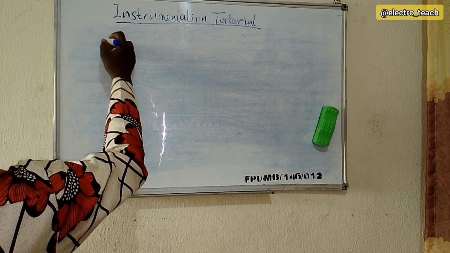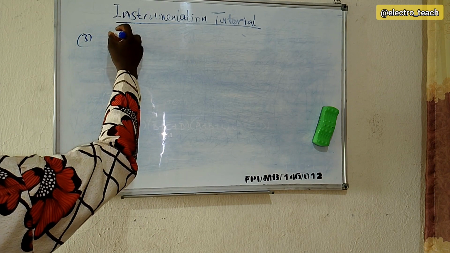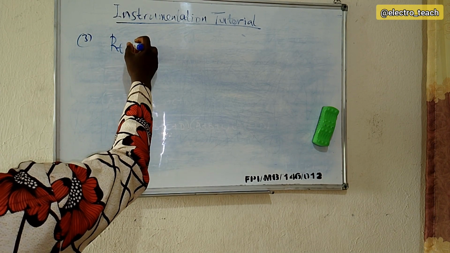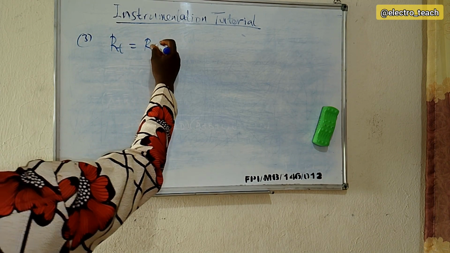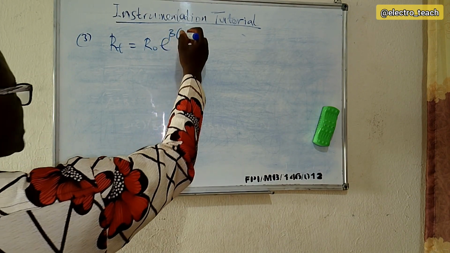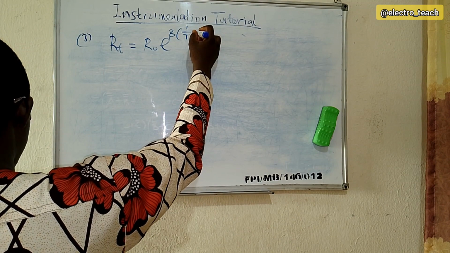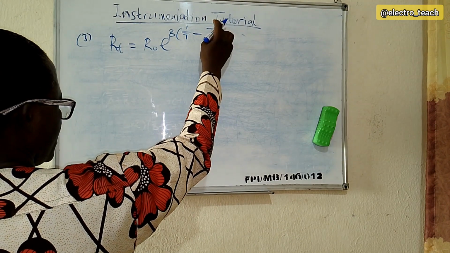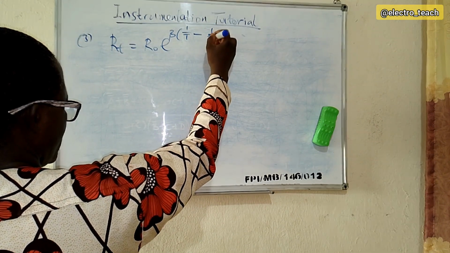The formula of interest for number 3 is RT equals RO exponential B into 1 over T minus 1 over TO.